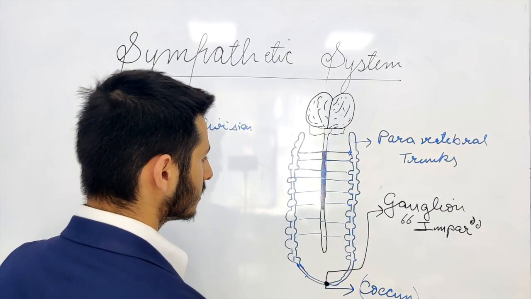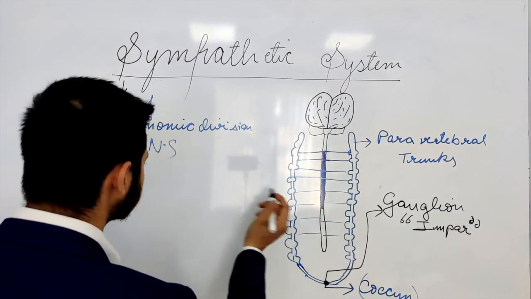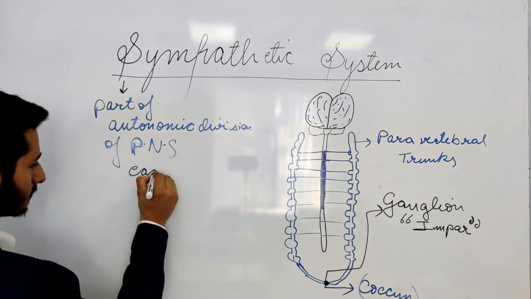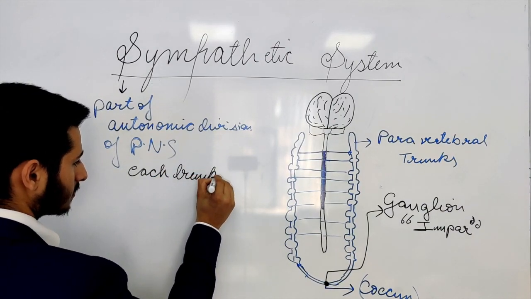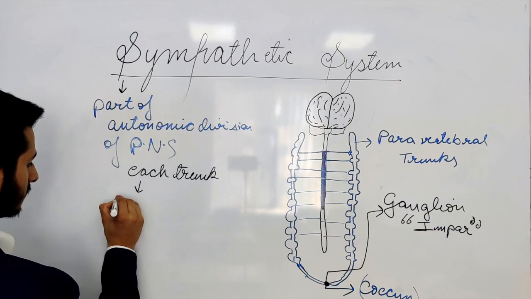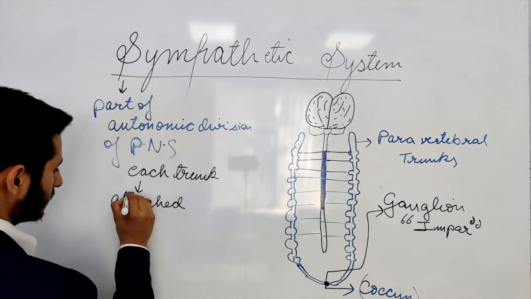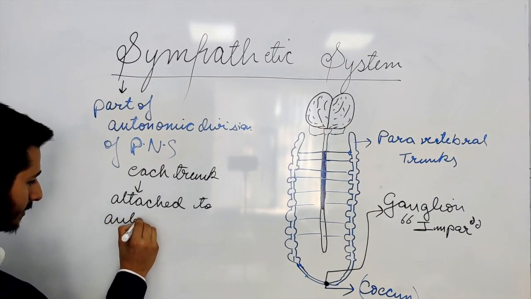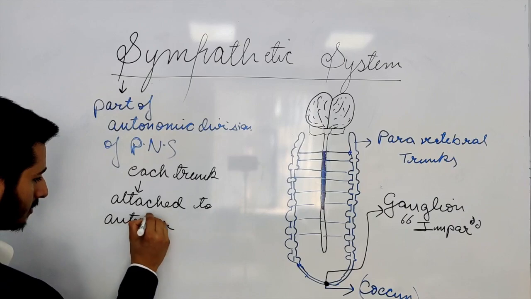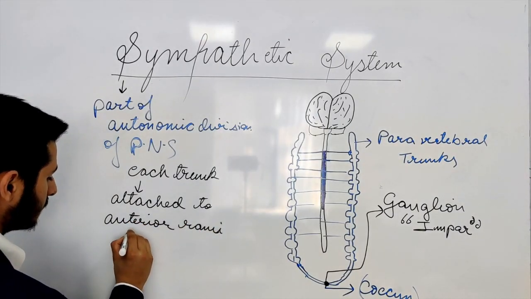Each trunk is attached to the anterior rami of the spinal nerves.